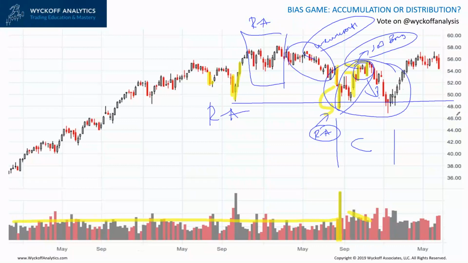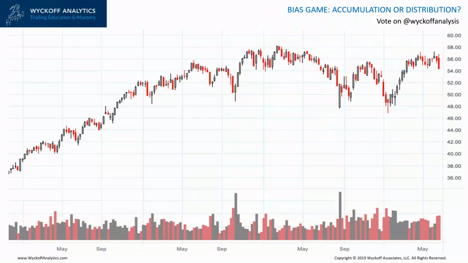And as we look at the diminishing spread characteristics, like this bar right here, and we compare it maybe to this one, then we compare how the gap happens, and yet on the second reaction we have just two bars that are much smaller than these bars here or this one bar right here. And that tells us that probably selling is getting exhausted.